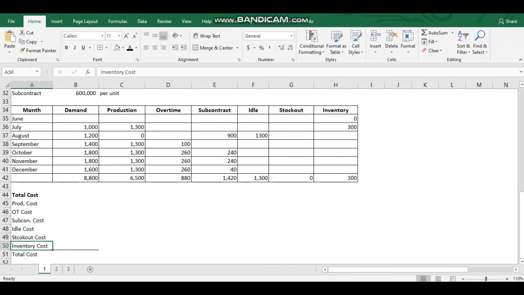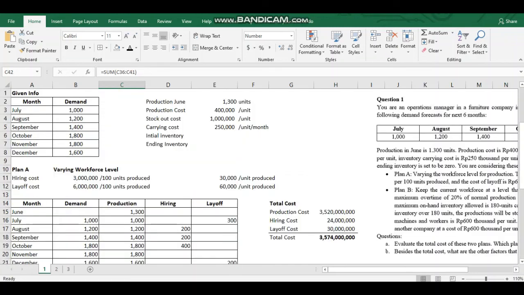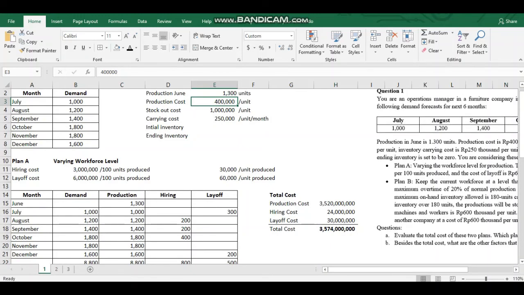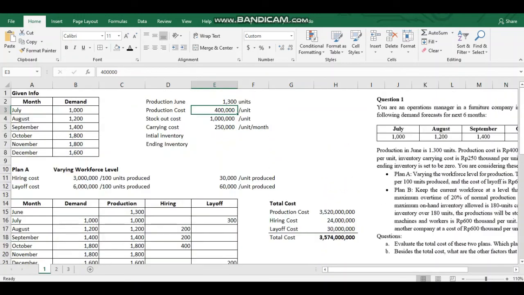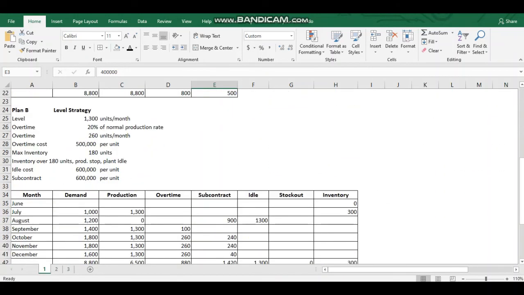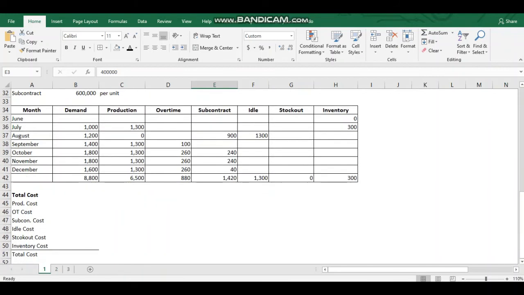So the total cost is from production cost, overtime, subcontract, idle, stock out, and inventory. For production cost, the total of production is 6,500 units, and we multiply this number by the cost of production per unit, which is this number, 400,000.